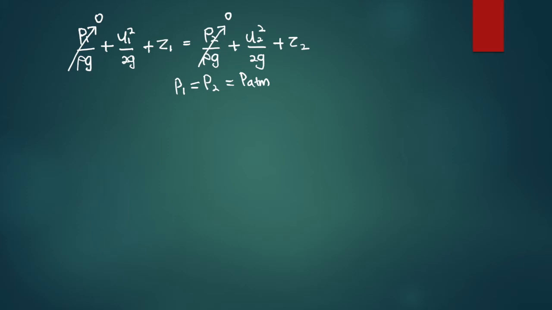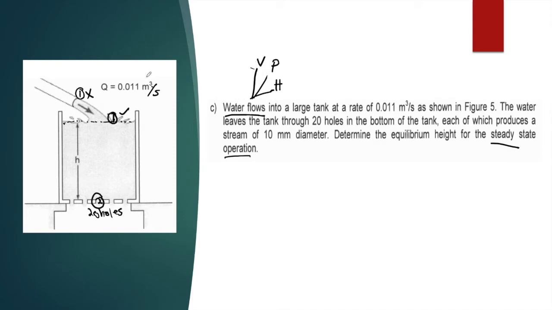Next we take a look at the kinetic energy terms, U1 square over 2g and U2 square over 2g. For U1, we are assuming that the velocity at point 1 is equivalent to 0. Why? Because this is a steady state operation.